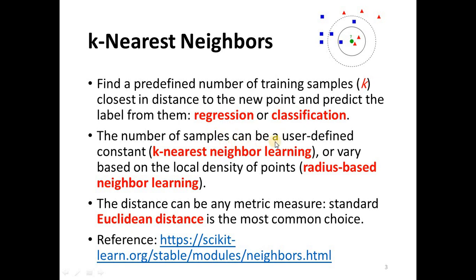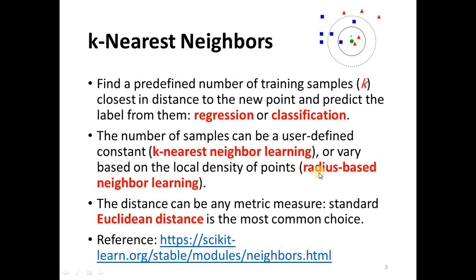The number of samples can be a user-defined constant, k nearest neighbors, like this one. We always find the k nearest neighbors, like 3 nearest neighbors, or it can vary based on the local density of points.